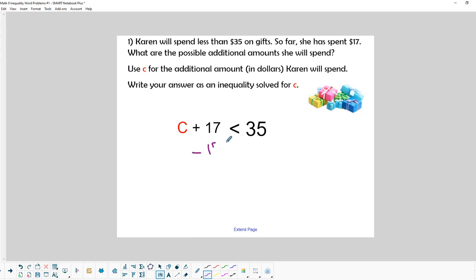If we subtract 17 from both sides, we get the amount that could still be spent. 35 minus 17 is 18. So she can spend less than $18 and still stay within her budget.